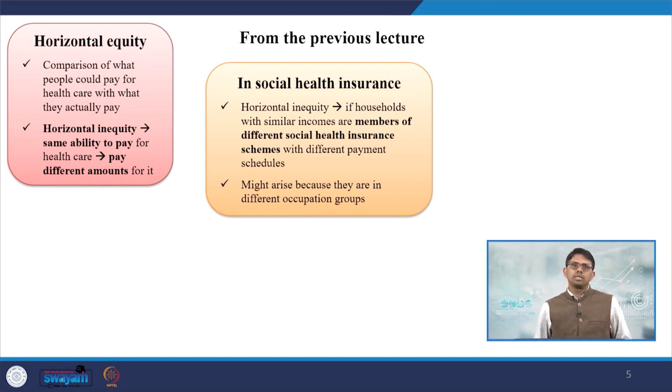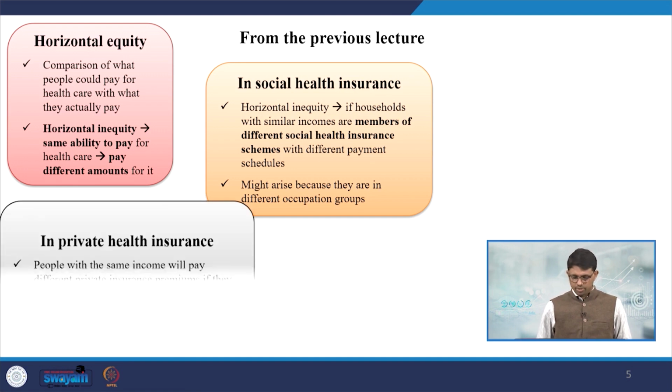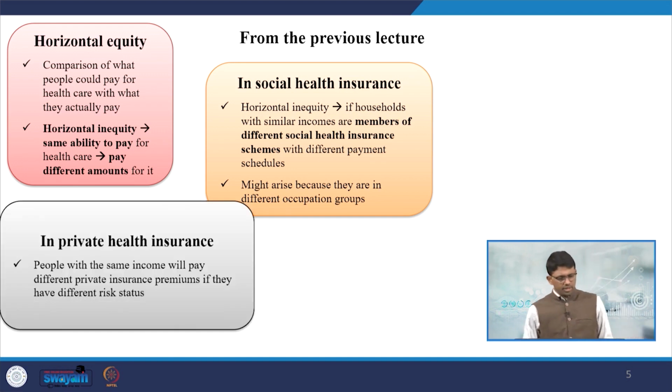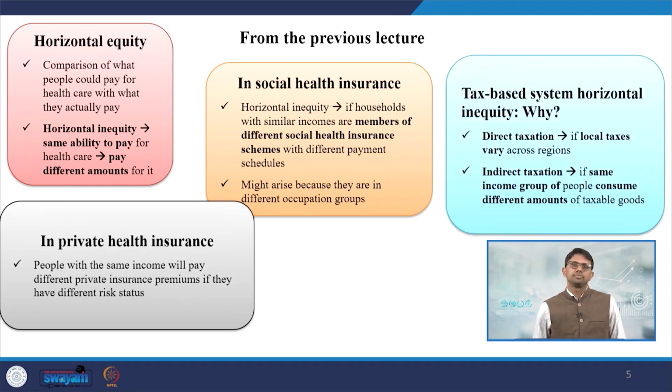If households with similar incomes are members of different social health insurance schemes with different payment schedules, then horizontal inequity is a possibility, and this might arise because they are in different occupation groups, but still they are receiving the same social health insurance schemes. In private health insurance schemes, people with the same income will pay different premiums if they have different risk status.